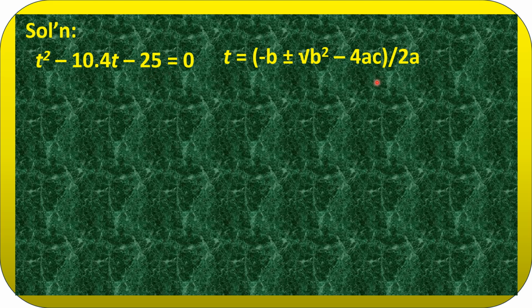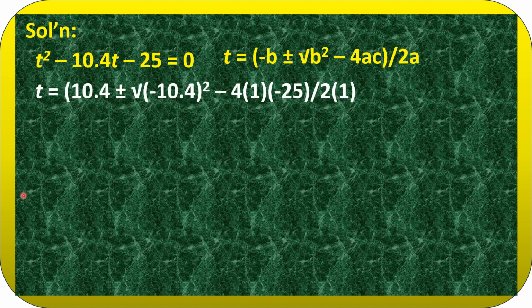So we can now use this quadratic formula to find the variable t. Just follow the formula, and we have negative b.